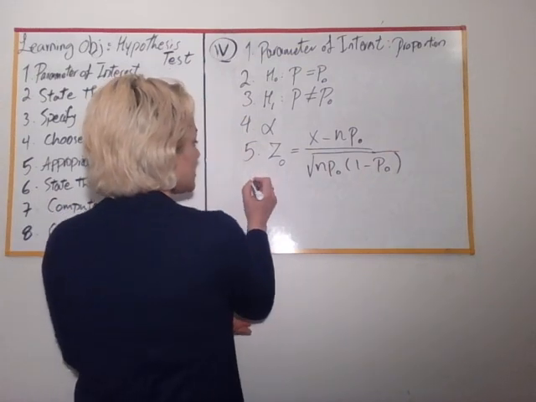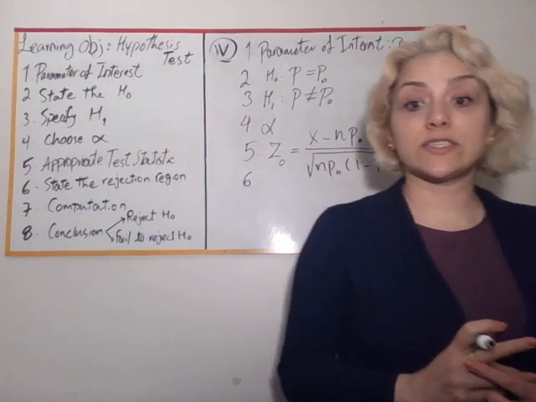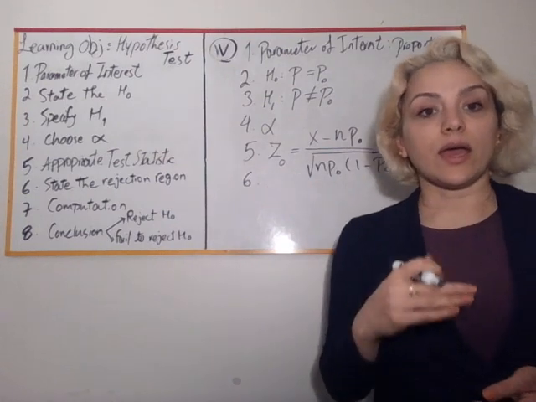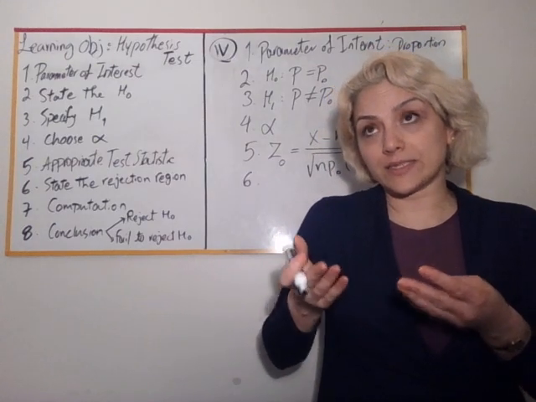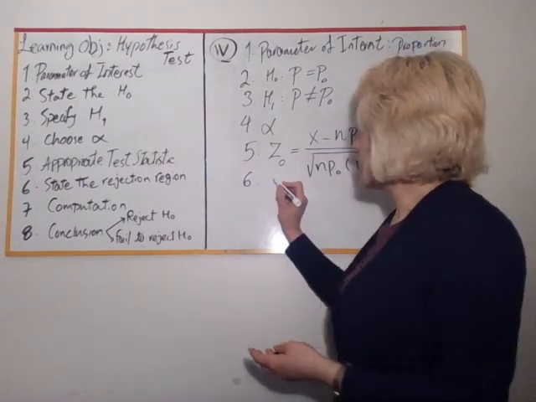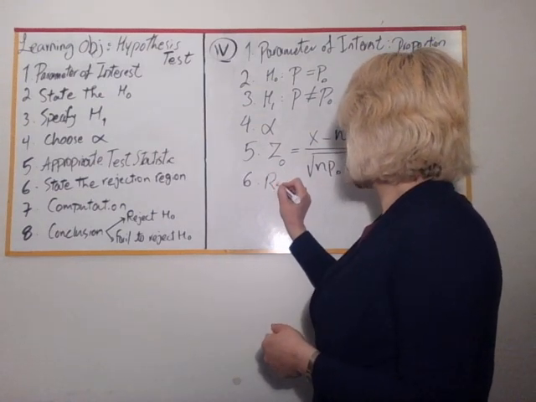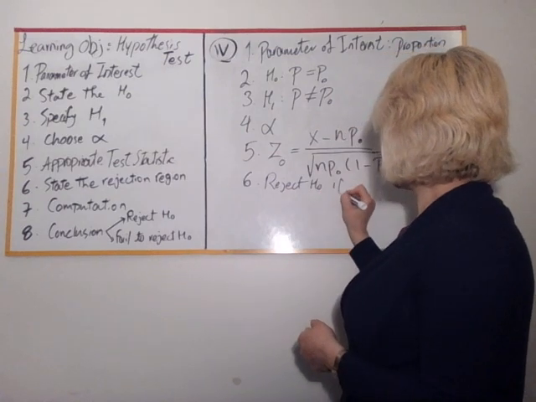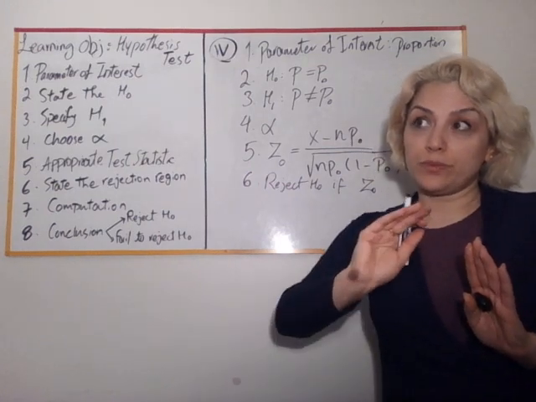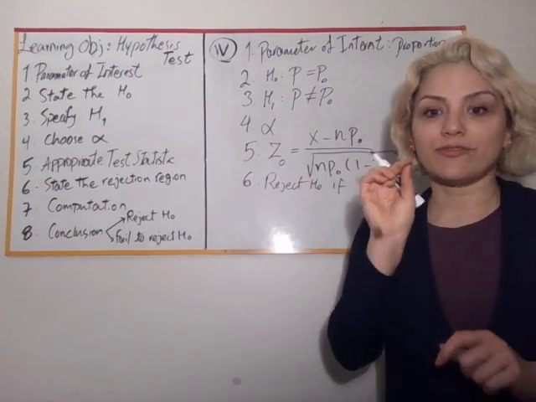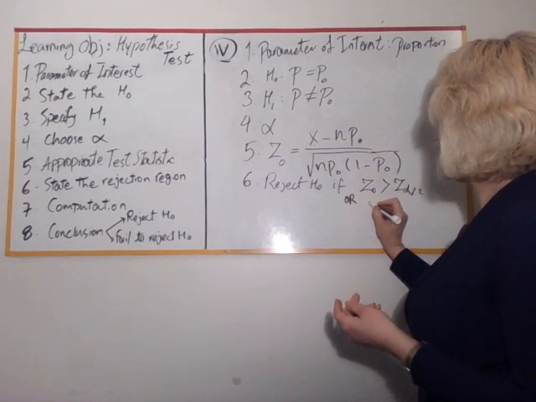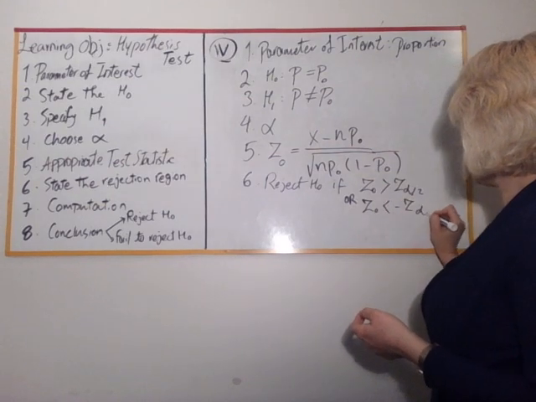For the rejection region, if it's two-sided, we reject the null hypothesis if the Z null that I found is greater than the value of Z at half of the alpha, or if Z null is less than minus Z half of the alpha.